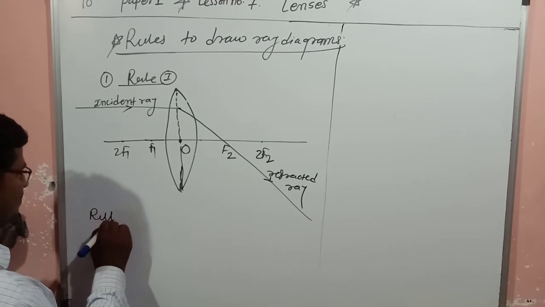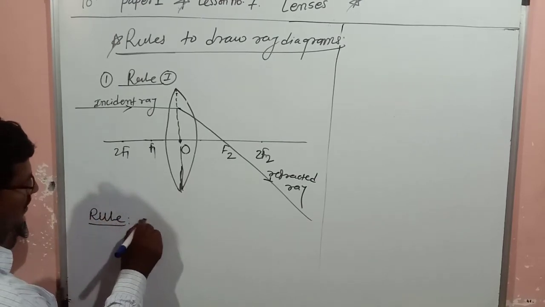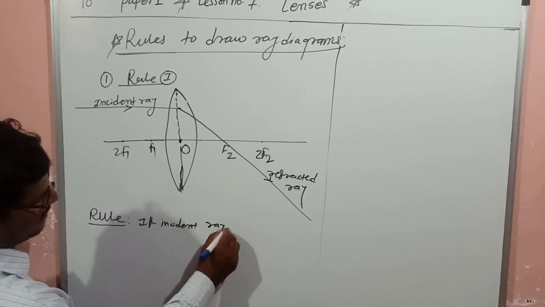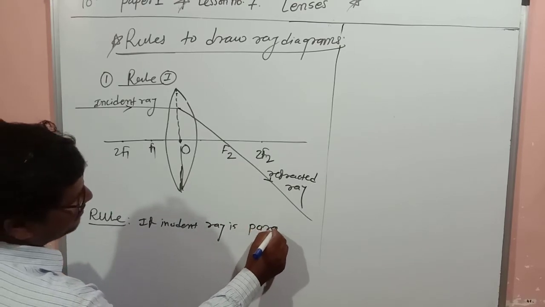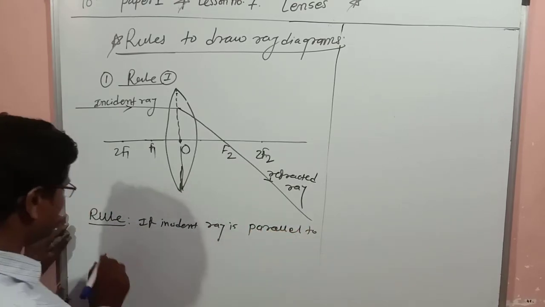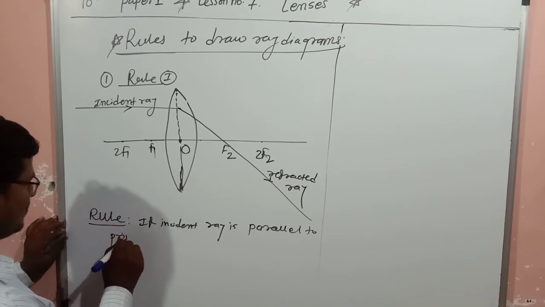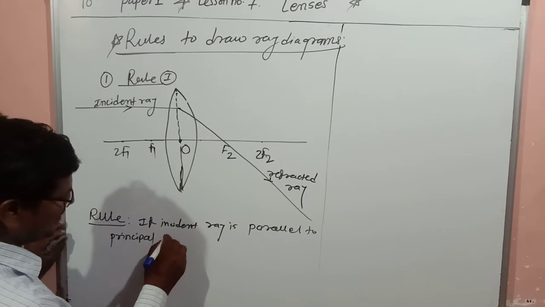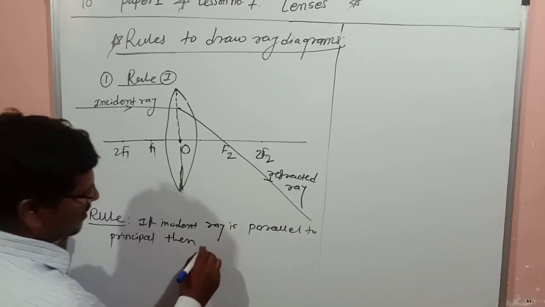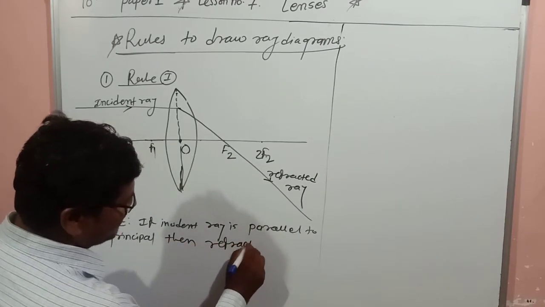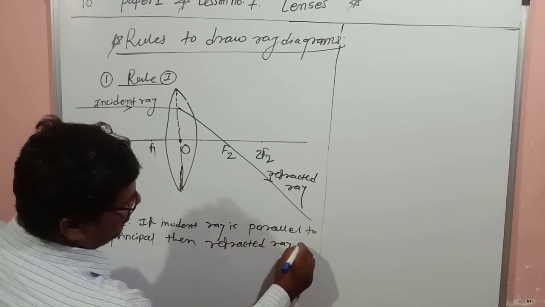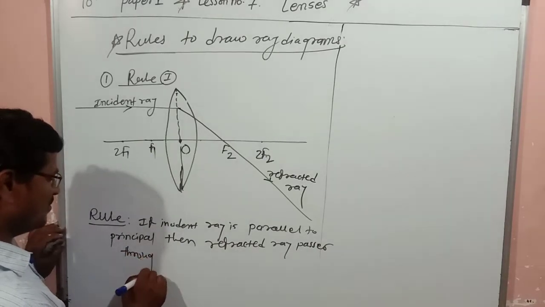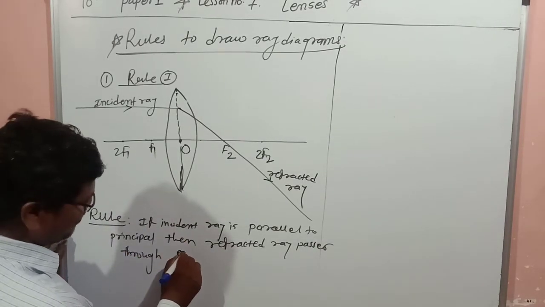So what is the rule to write? If the incident ray is parallel to the principal axis, then the refracted ray passes through the principal focus.